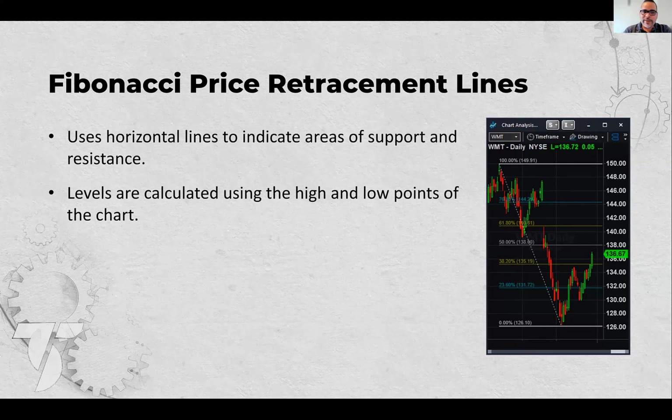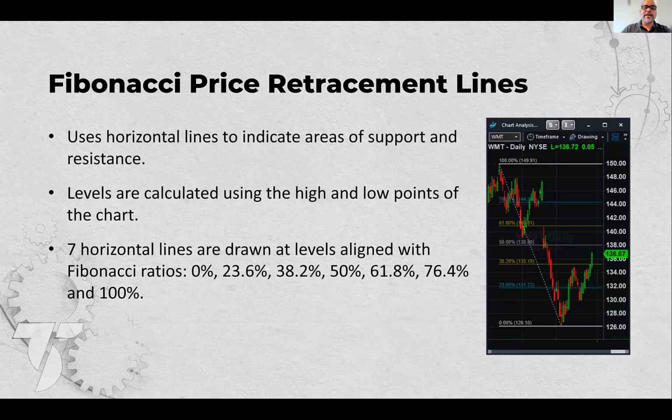You look at the chart and find some significant areas where there has been a reversal in price, and these are the peaks and troughs that are going to be used in drawing your Fibonacci retracement lines.